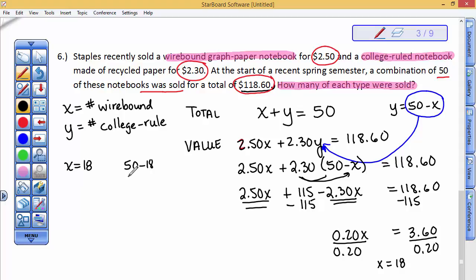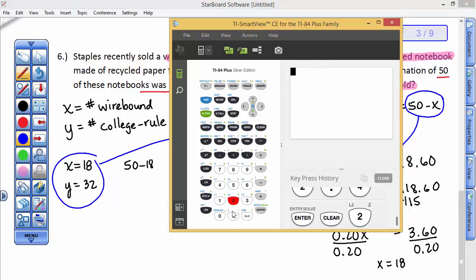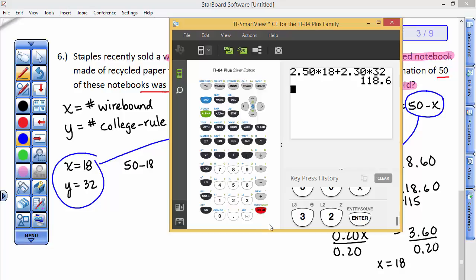And so I don't even have to check that statement, but what I am going to do is take the $2.50 per wire-bound times 18 of them, plus the $2.30 times 32 of those, and see if that dollar amount is the $118.60 that the value of those should be. And I know I got this question correct.